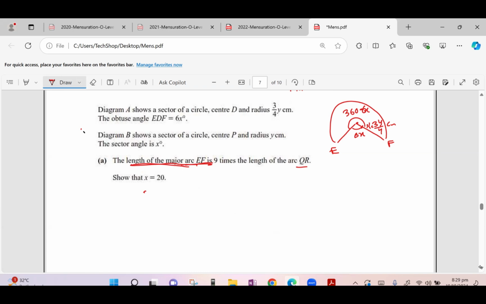The angle of the major arc is 360 minus 6x divided by 360, times 2 pi R, capital R, which is 3y upon 4, equals 9 times the length of the arc QR. So the next part is diagram B.